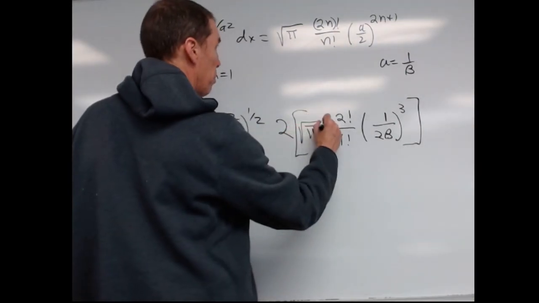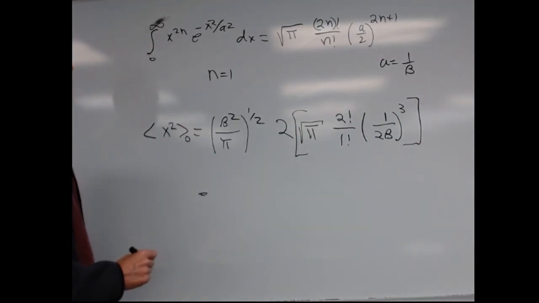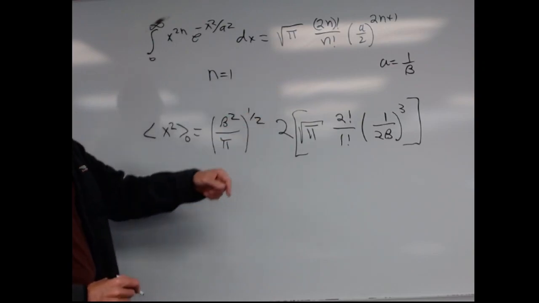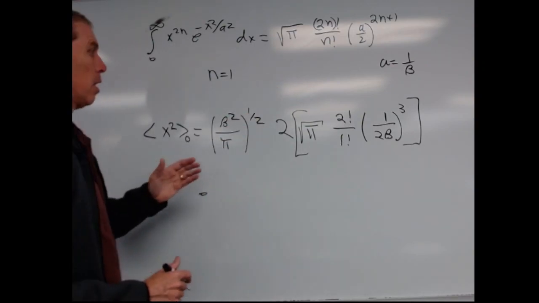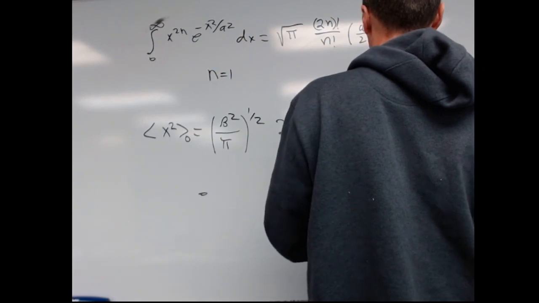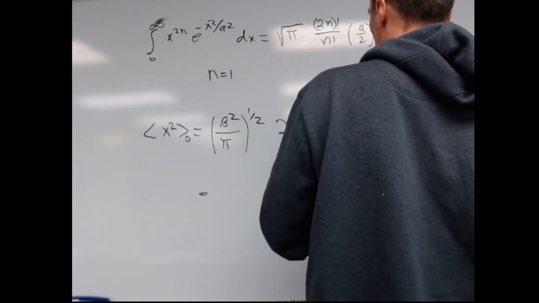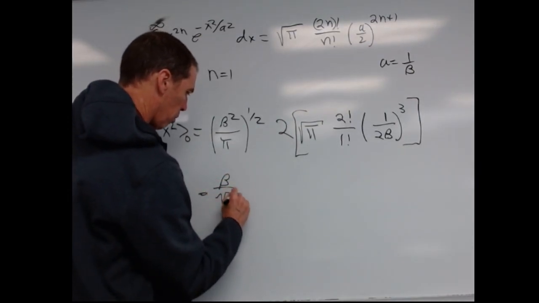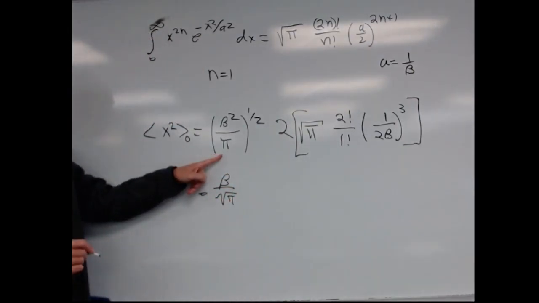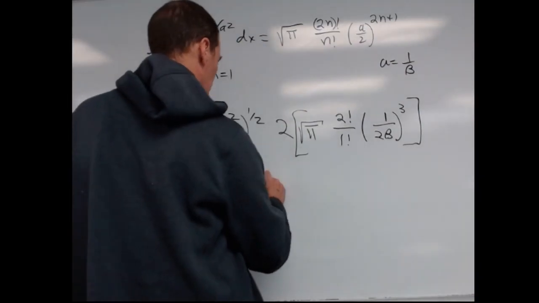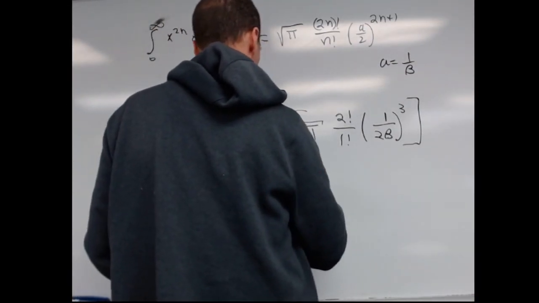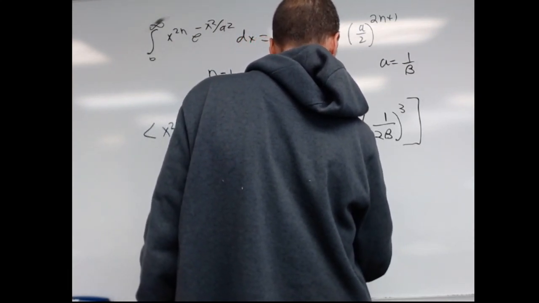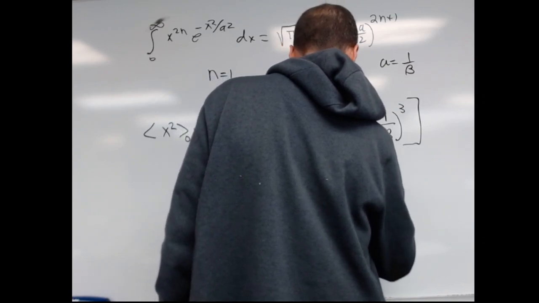Did I lose a square root on my pi? I think I'm good on that. Let me just check this. So this is just beta over the square root of pi, times 2 times the square root of pi times 2 times 1 over 8 beta cubed.